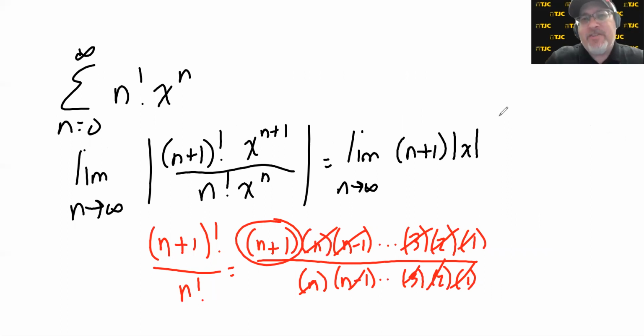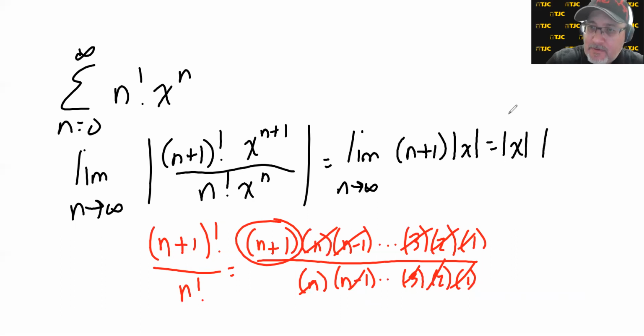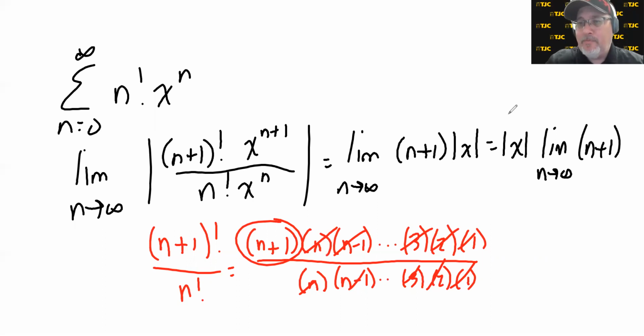Well, first off, regardless of whether or not x is equal to 0, this x is independent of the limit, because the limit is saying what happens when n goes to infinity, but relative to n, the absolute value of x is like a constant. And because it's constant, we can factor it out of the limit and just ask ourselves what happens to n plus 1 as n goes to infinity.